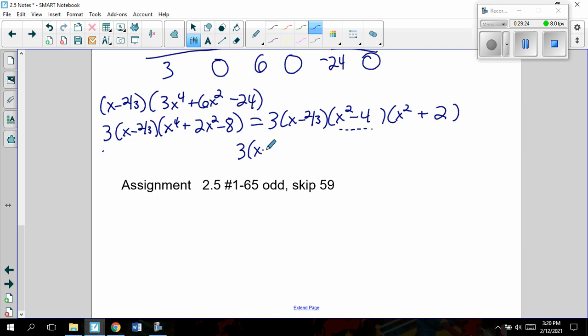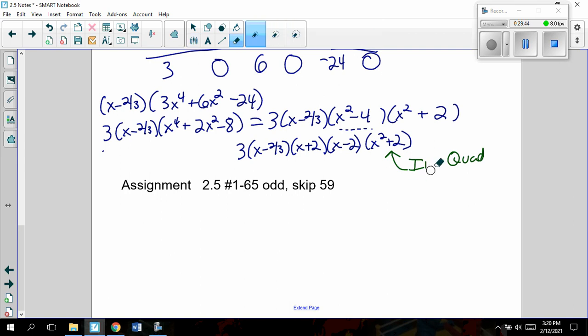So I have 3(x minus 2/3)(x plus 2)(x minus 2), and then this x squared plus 2 is your irreducible quadratic. It's irreducible because when you set it equal to 0, you would get the square root of -2, which is going to be your complex answer.